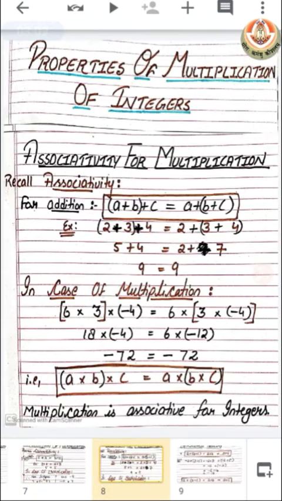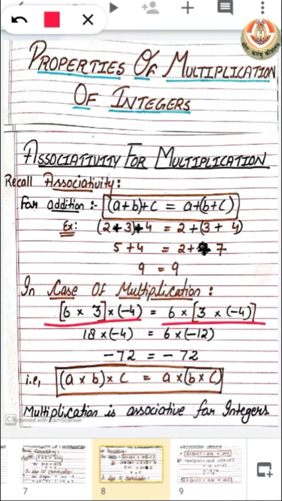Next one, associativity of multiplication. Now what does associativity say? It says that when three integers are multiplied with each other, then when we multiply the first two integers first and then multiply the result with the third one, it gives exactly the same answer as when we multiply the last two first and multiply the result with the first one.